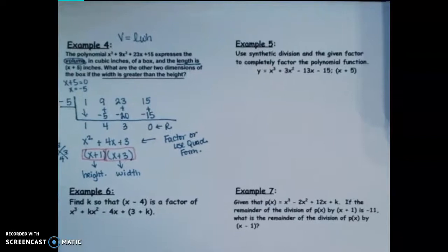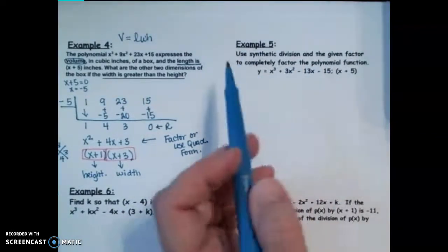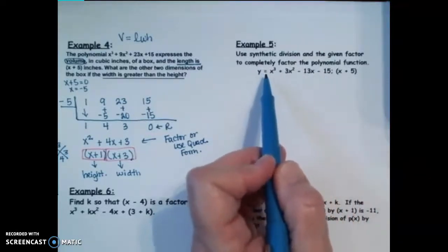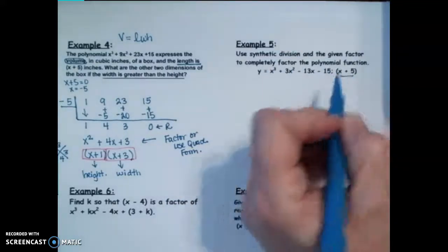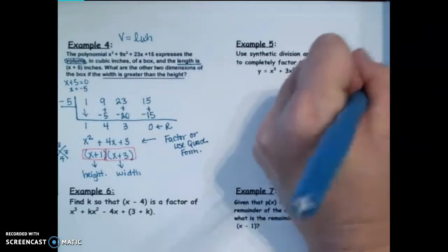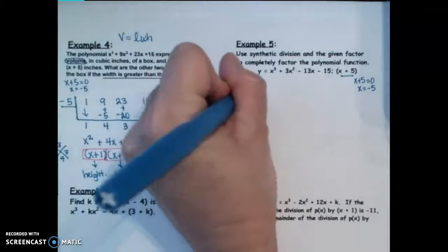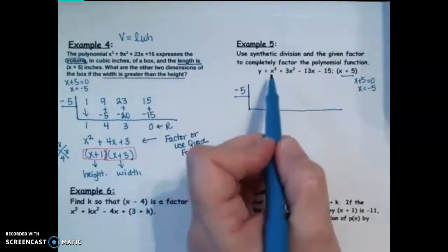Alright, example 5 says, use synthetic division and the given factor to completely factor this polynomial. They gave you the polynomial. It does say y equals, that's okay. You're only interested in the polynomial and its factor. If its factor is x plus 5, we're going to put -5 in the box. We're going to see if we need placeholders.